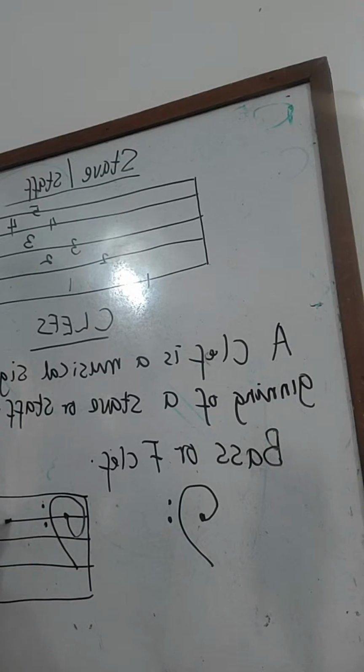While some people draw it like this, any of this, it's okay. Make sure it touches the fifth line. From here to the fifth line, and then it must end at the second line.